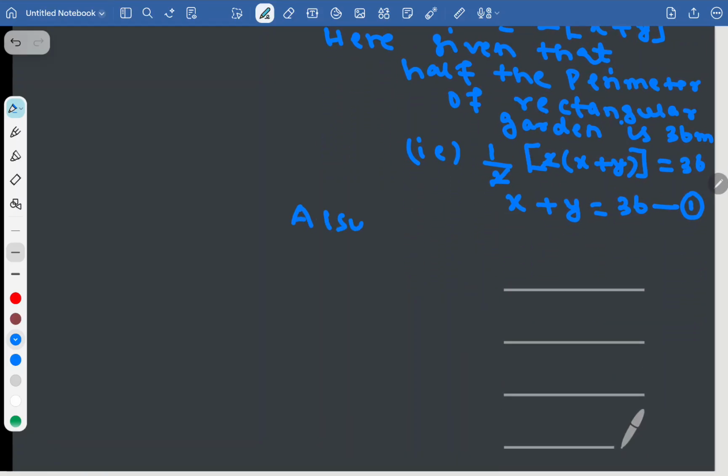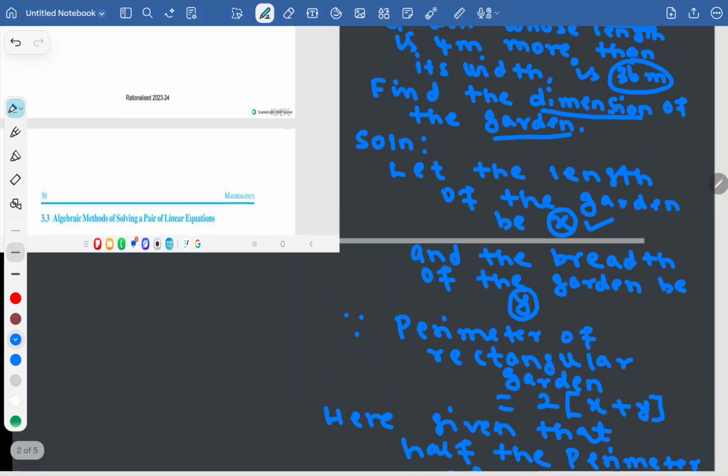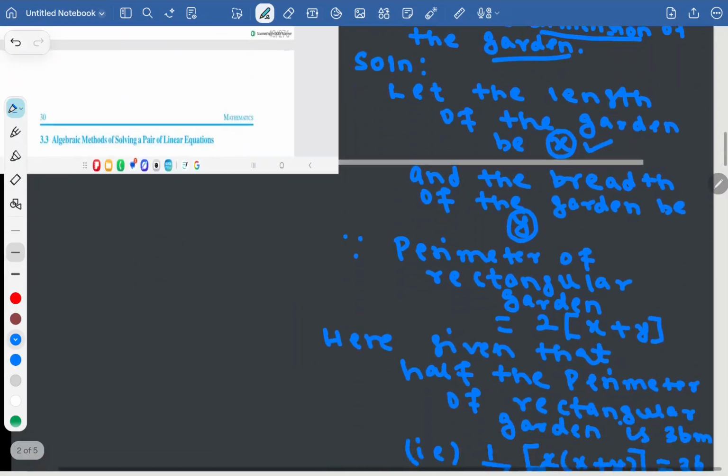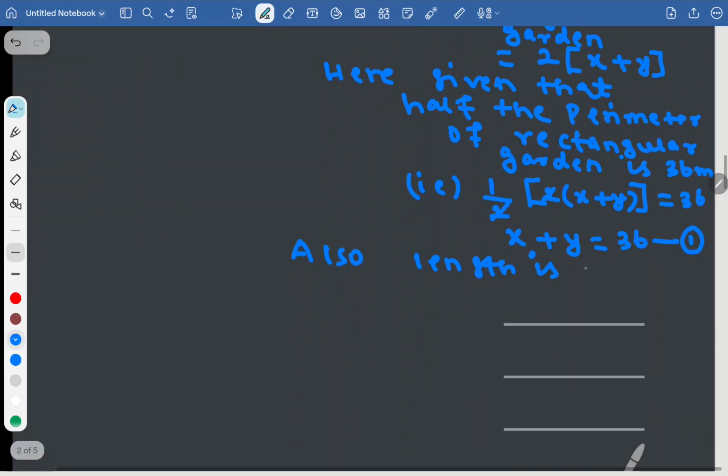Also, in the problem itself it is given that length is 4 meter more than its width.